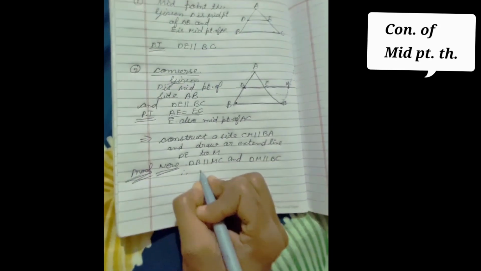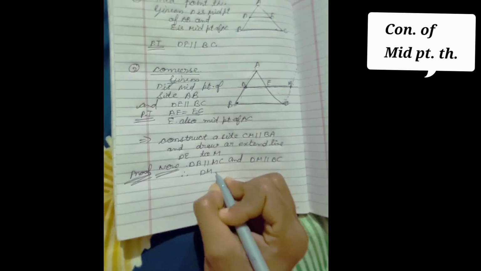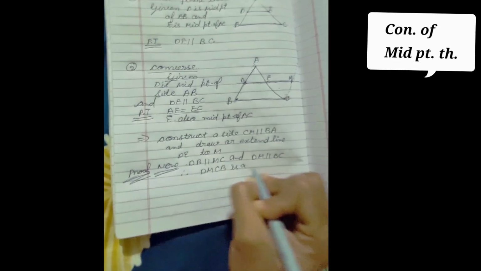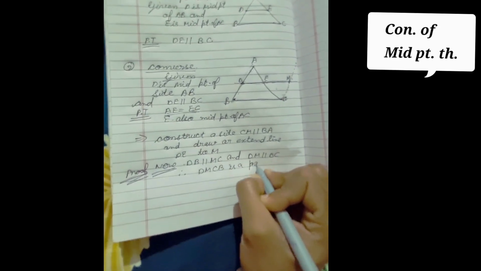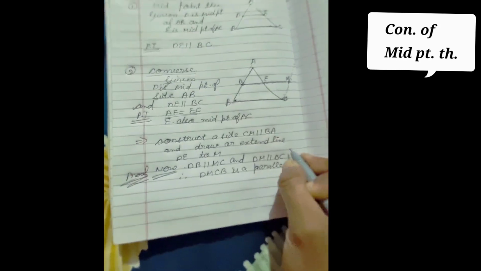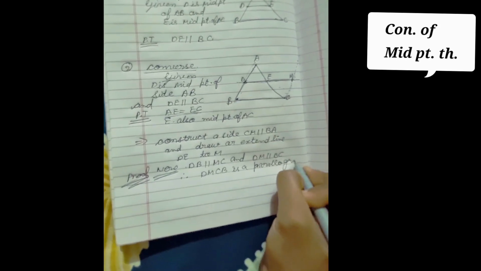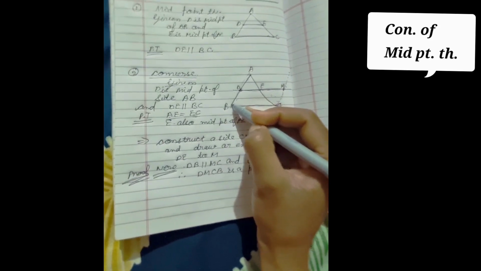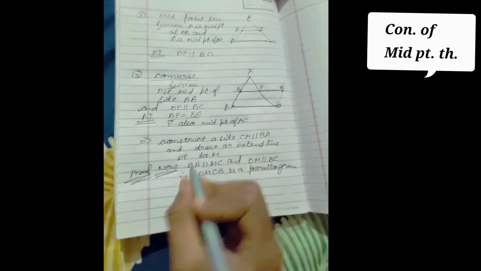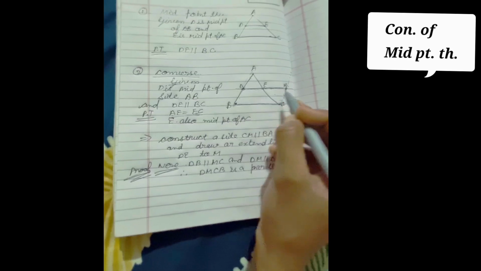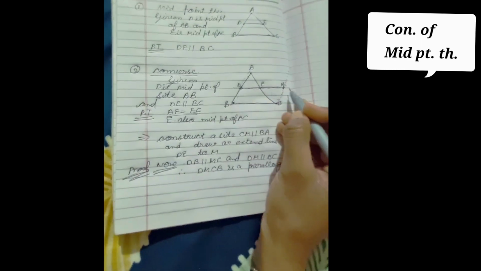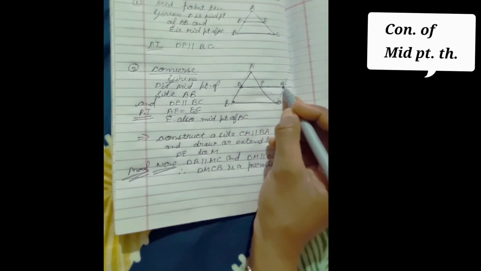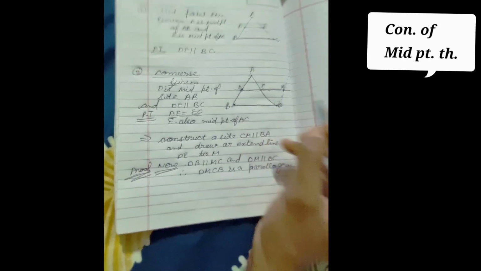That's why DMCB is a parallelogram. If it is a parallelogram, then DB equals MC, because opposite sides are equal. DB equals MC and DM equals BC.